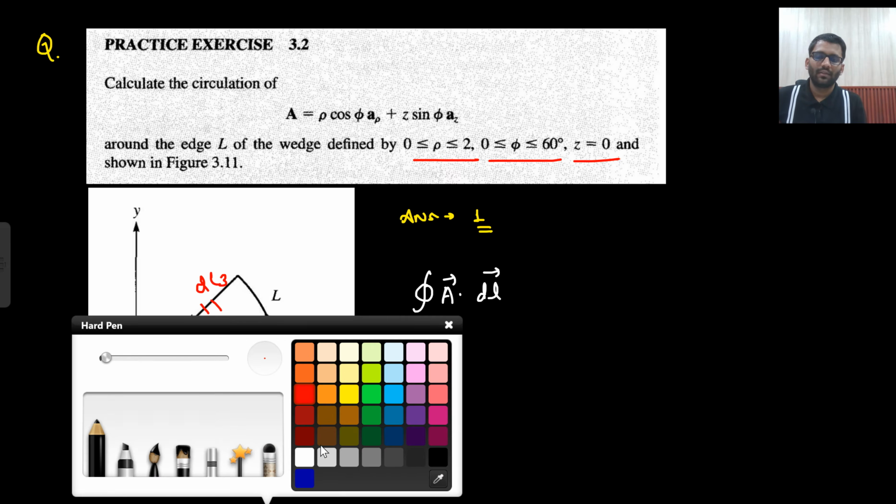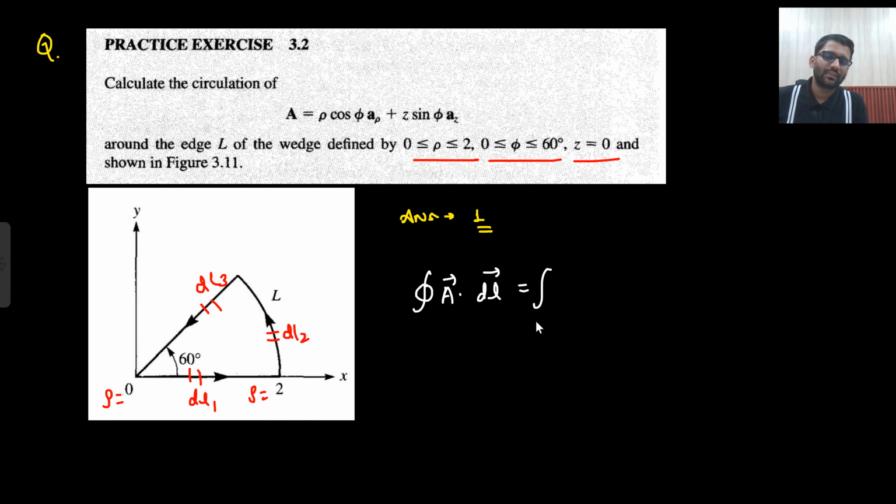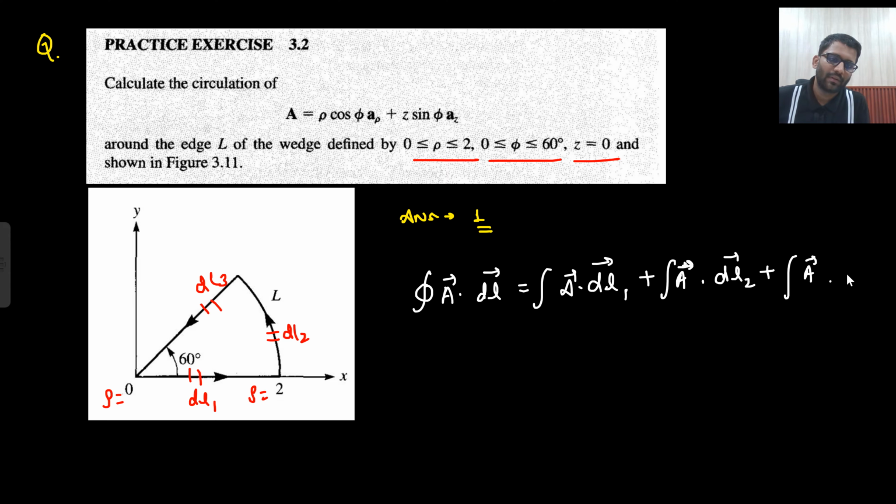So that can be broken into three paths: A dot dl1 plus A dot dl2 plus A dot dl3.